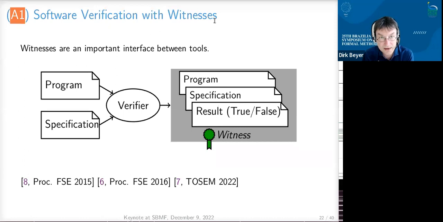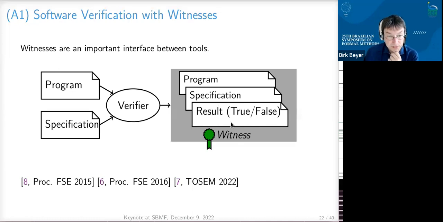So witnesses are, I use this first example because witnesses are a very important interface between tools. So a verifier takes as input a program and a specification, and the output is not just the result, true or false, but it's a witness that encapsulates basically the program, specification and the result. The witness explains, justifies why the result is true or false.